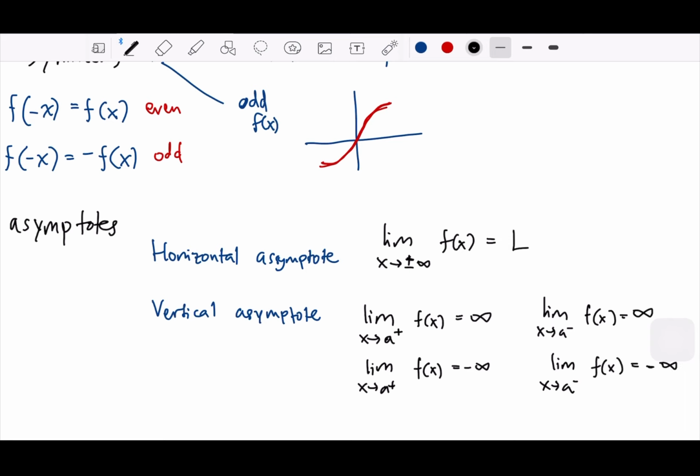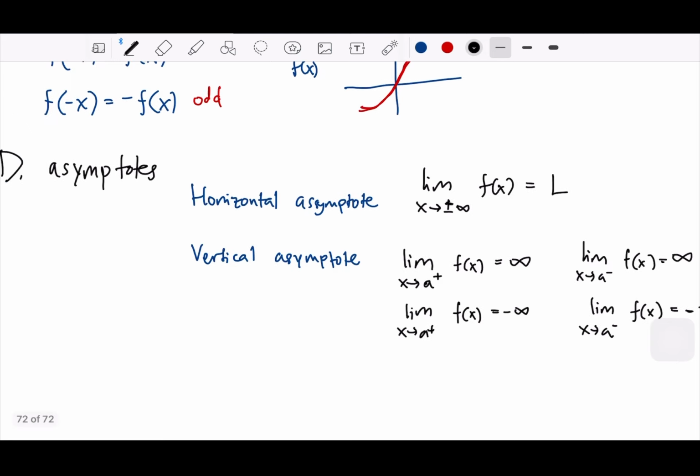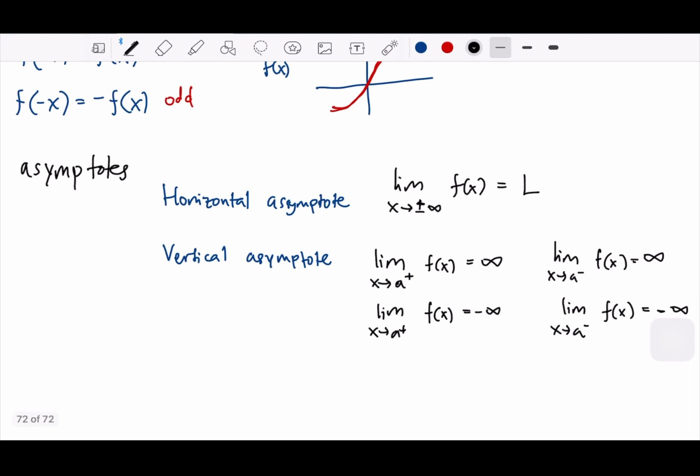Okay. There is one more, actually. It's called the slant asymptote. But let me hold this for a while.